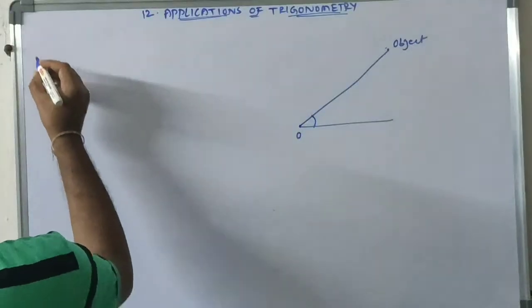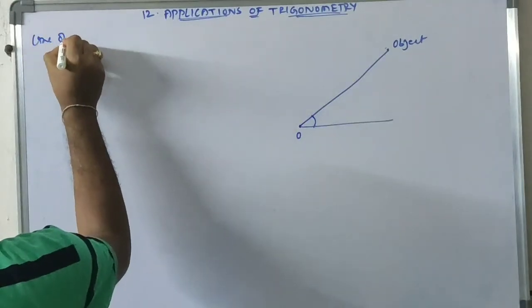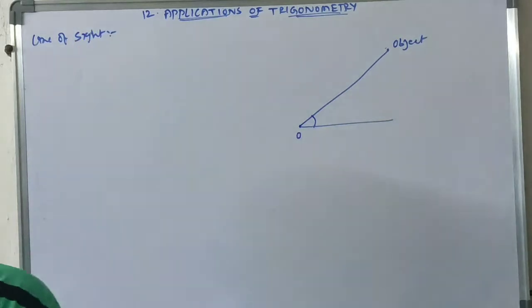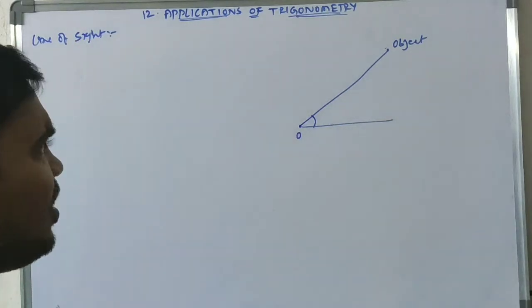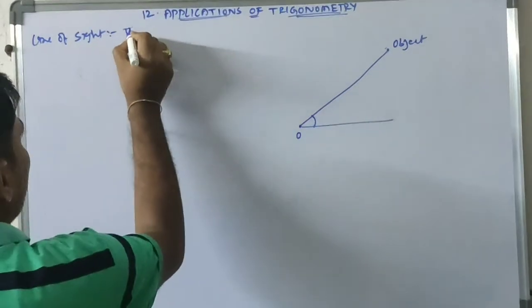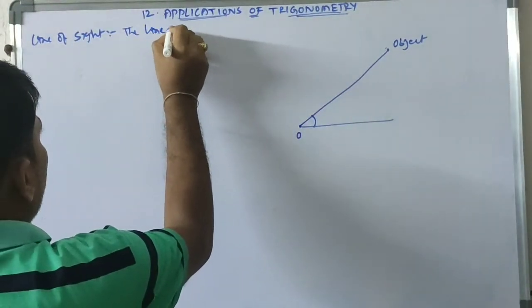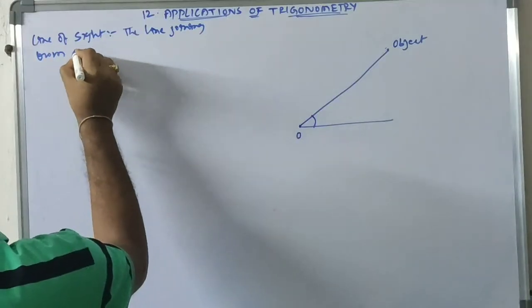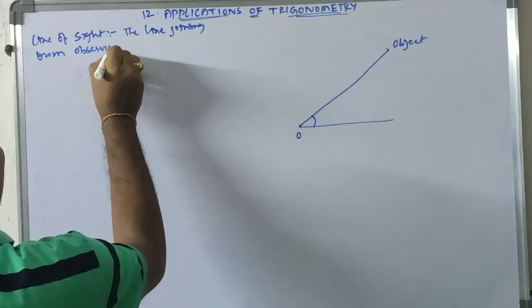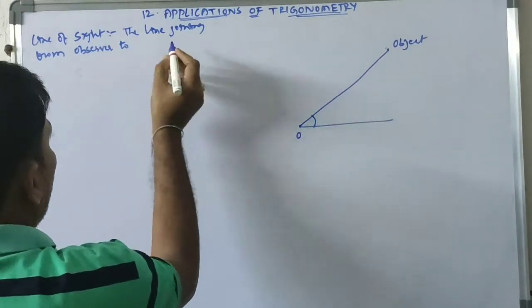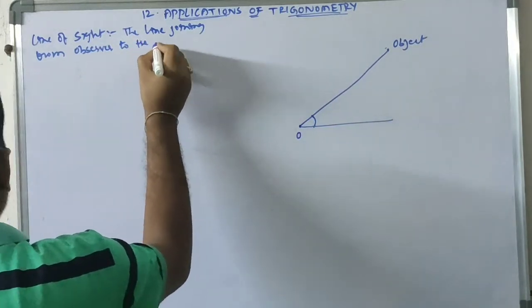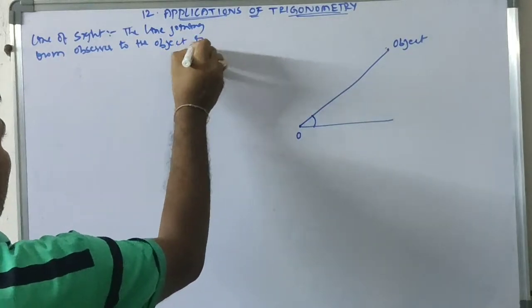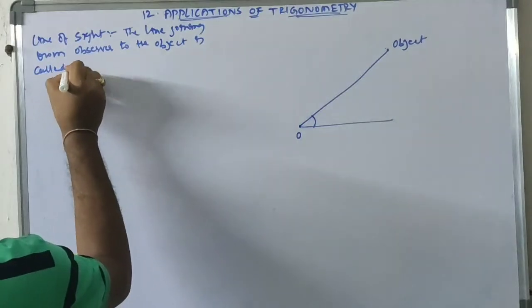Line of sight first. The line joining the observer to the object is called the line of sight.